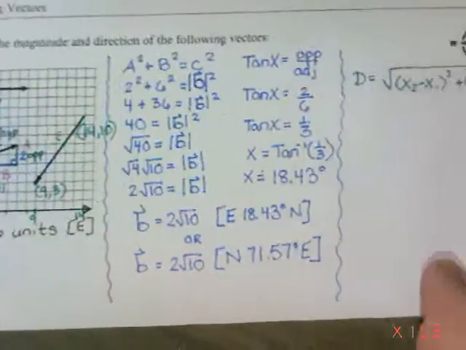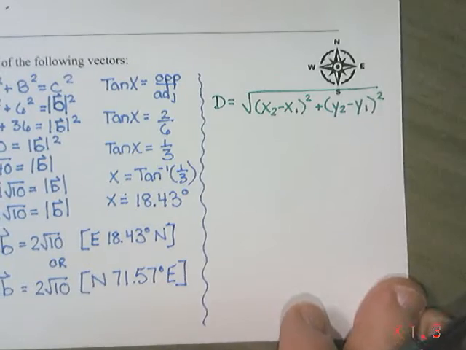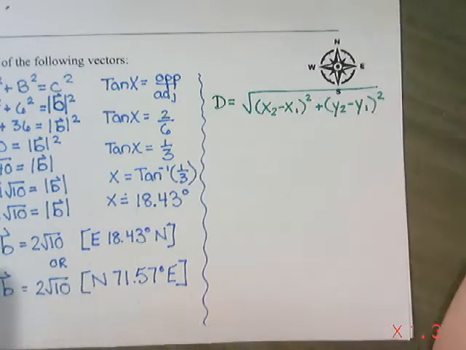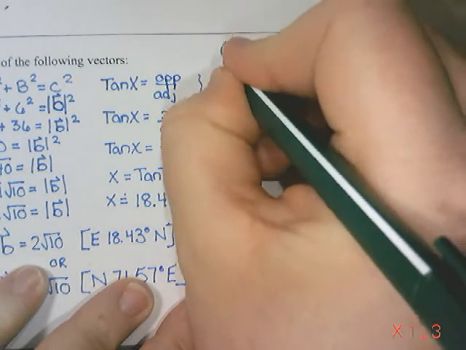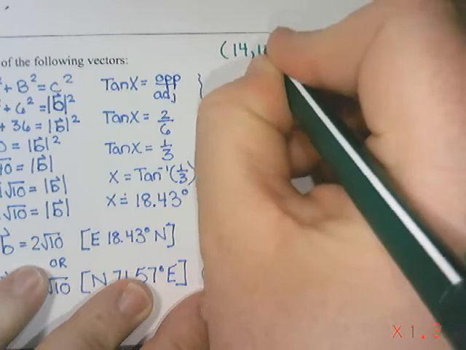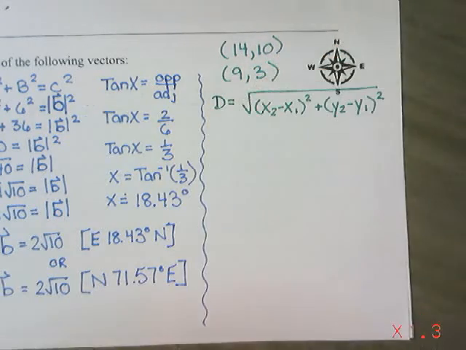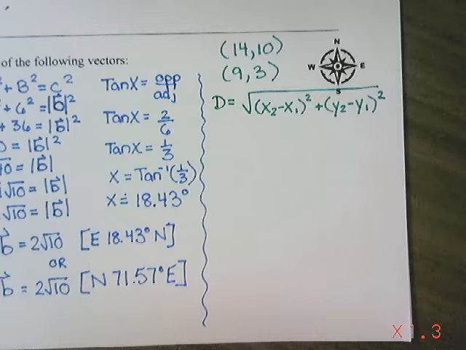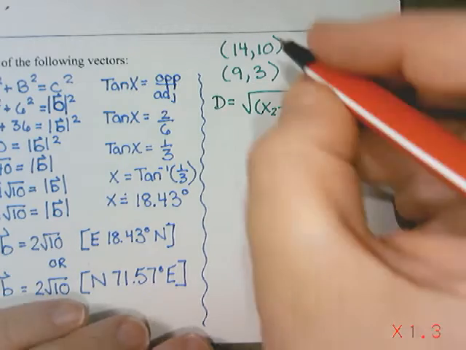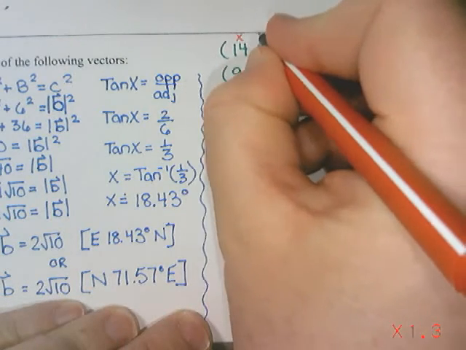I am going to write those points down over here so that I can see them. Let's do the tail first. I have 14 and 10, and then I have 9 and 3. So those are my 2 points. One of these is point 1, one of them is point 2. It is entirely up to you what you want to pick. But every point has its own x and y value.